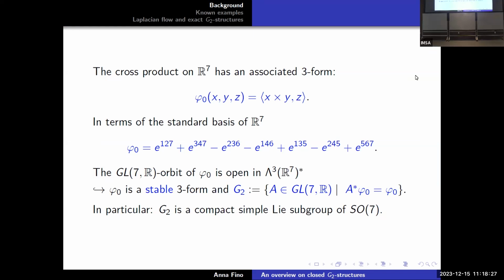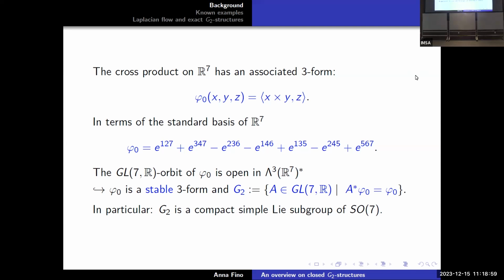One can then naturally define the associated three-form using the vector cross product and the scalar product. If you write it down in the standard basis of R7, you can write the three-form in that way, where e^{123} is, for instance, the wedge product e^1 ∧ e^2 ∧ e^3.